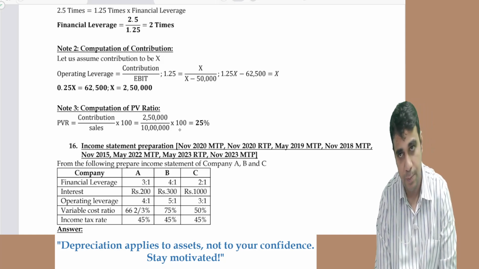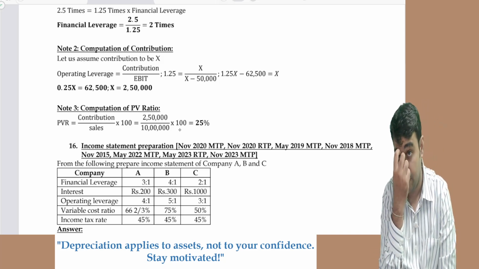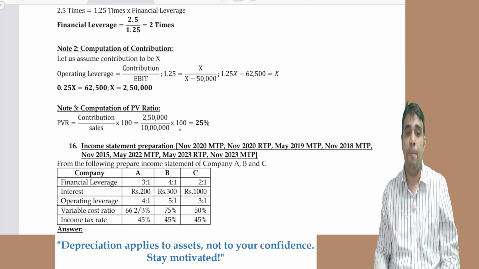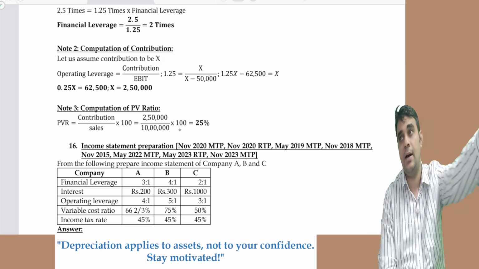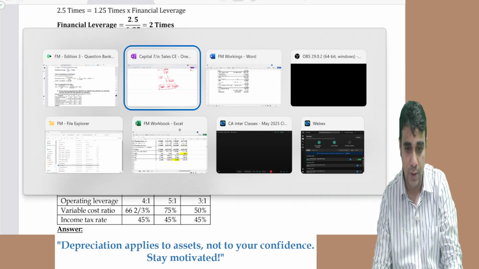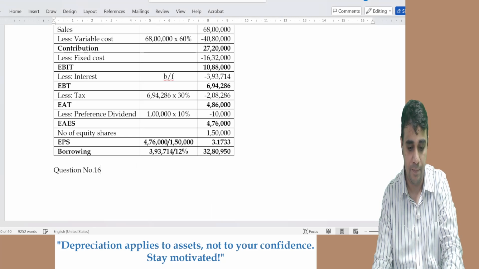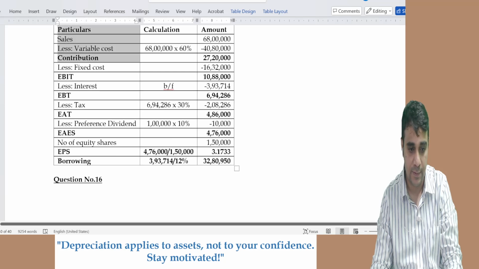So they have asked us to prepare an income statement, from sales till EAT. Beyond EAT is not possible, as the number of shares is not there. Question 16, three companies' income statement, from sales to EAT.